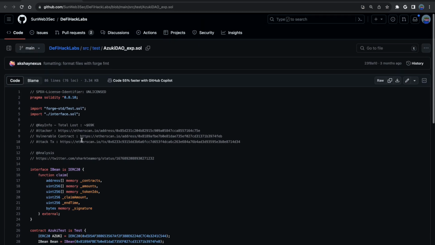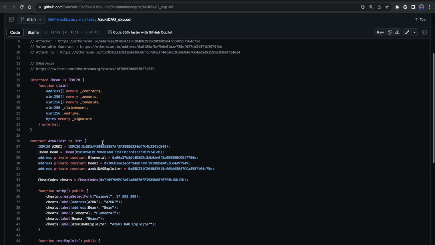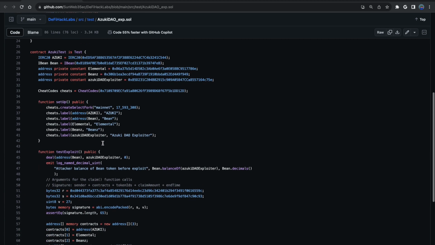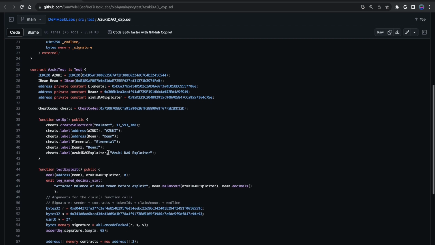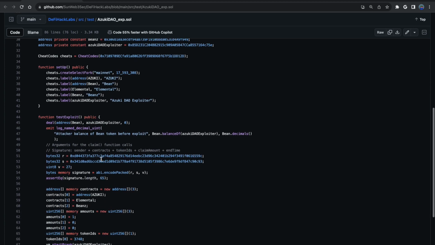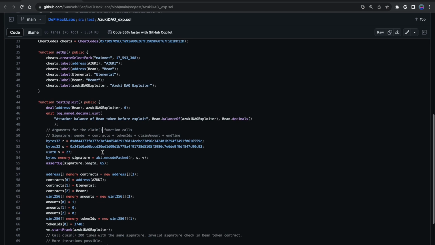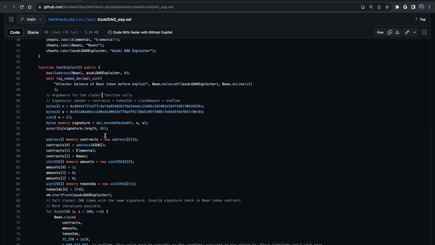Within this contract, there was a minting feature, or a claiming feature, and for the claim function call, a user had to submit their signature.